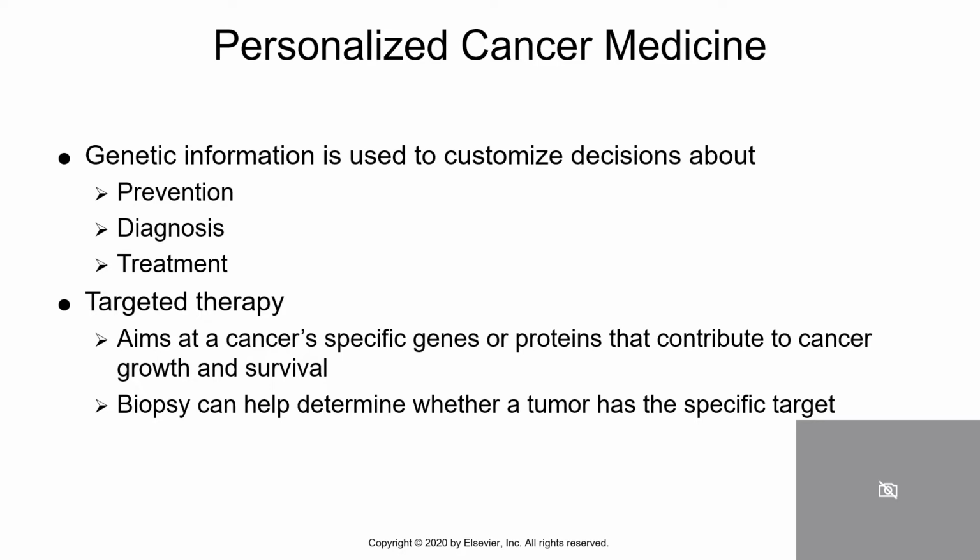And so biopsies can help determine whether a tumor has a specific target that this personalized approach would be conducive to, I guess, for lack of a better word. So beforehand, patients all got the same treatment regardless, but we know that everybody's different, and this personalized approach to cancer treatment, when it's possible, can help to improve these patients' survival rate.